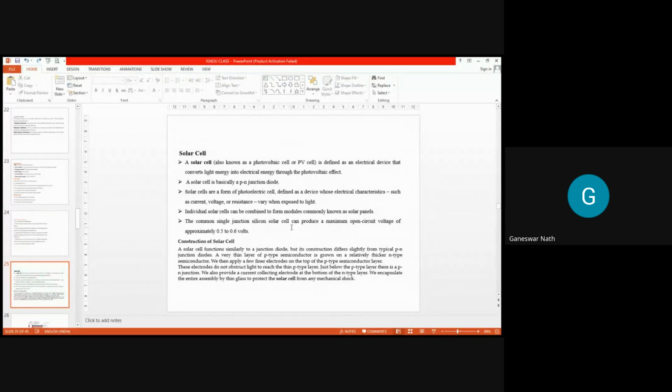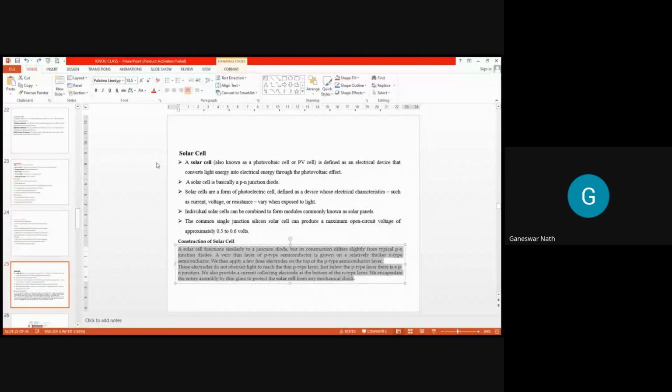The common single junction silicon solar cell can produce a maximum open circuit voltage of about 0.5 to 0.6 volt for a single cell. But if we combine a large number of solar cells, then you can get the required voltage.